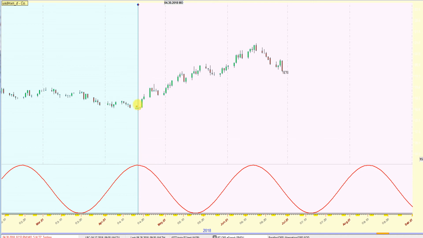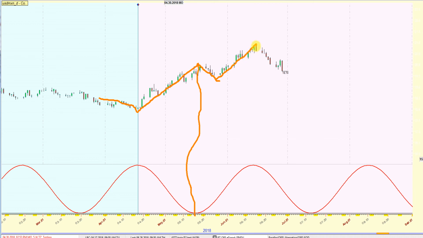Cycles invert. So instead of going up, what it did, it went down. And then this is going up.